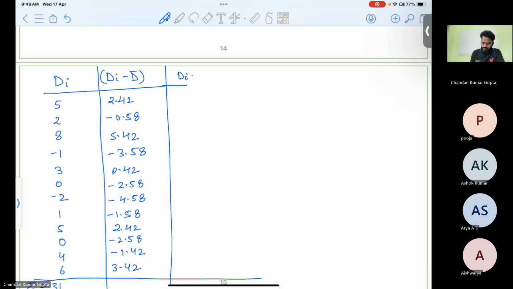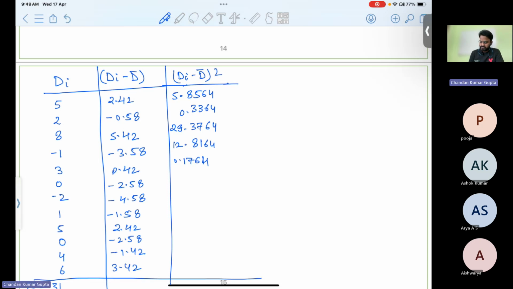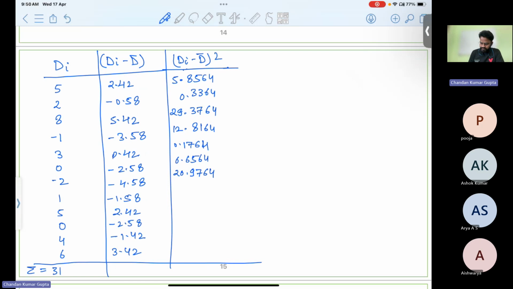And the square terms will be 5.8564, 0.3364, 29.3764, 12.8164, 0.7164, 6.6564, 20.9764, 2.4964, 5.8564, 6.6564, 2.0164, and the last one is 11.6964.